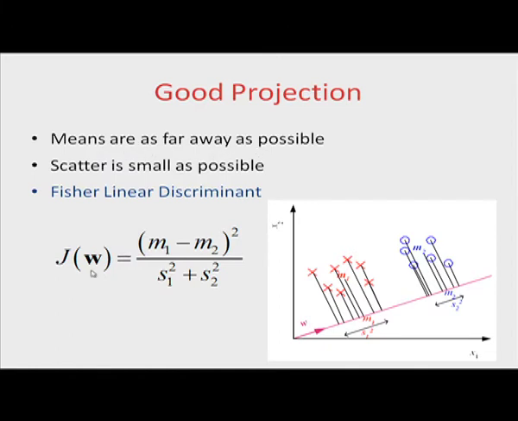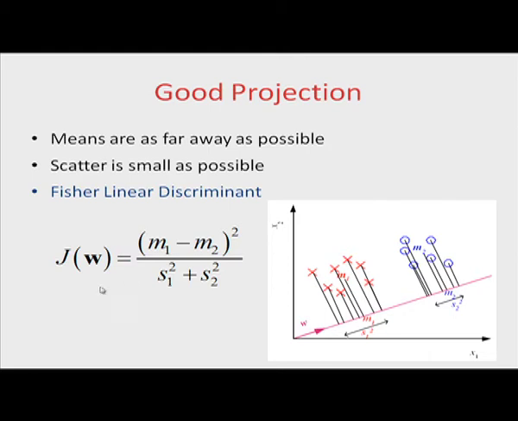So the objective function that we use looks at the difference between the means, and we want the scatter between the points to be as small as possible. So we put scatter in the denominator. One particular method for doing this is Fisher linear discriminant.